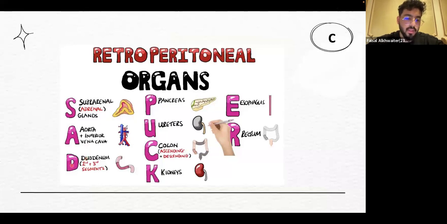And duodenum, just like I told you guys, the first part is intraperitoneal, the second and third segments are retroperitoneal. Then you have the pancreas, the ureters, and the colon, the ascending and descending. So just keep in mind, it's ascending and descending only, retroperitoneal. Then you have the K for kidneys, E for the esophagus, and R for the rectum.